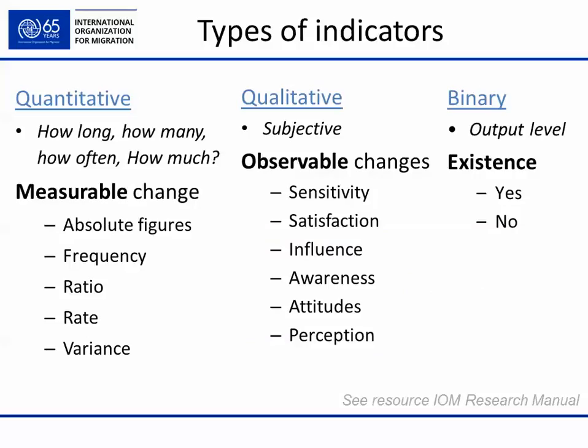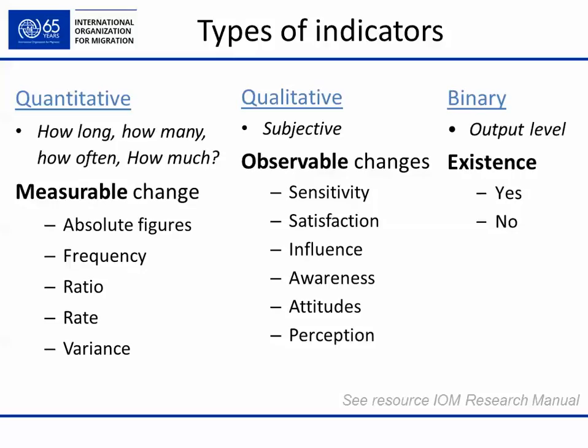So let's talk about types of indicators now. We have quantitative, qualitative, and binary indicators. Quantitative indicators answer how long, how many, how often, how much. So they measure change. This may be figures, frequencies, rates, etc. Qualitative indicators are very subjective in nature.